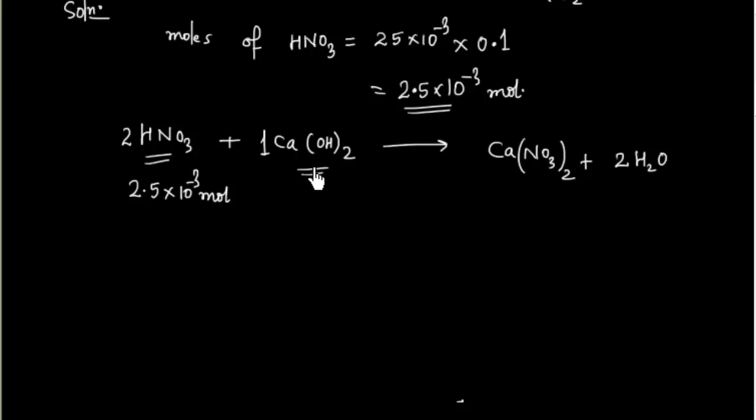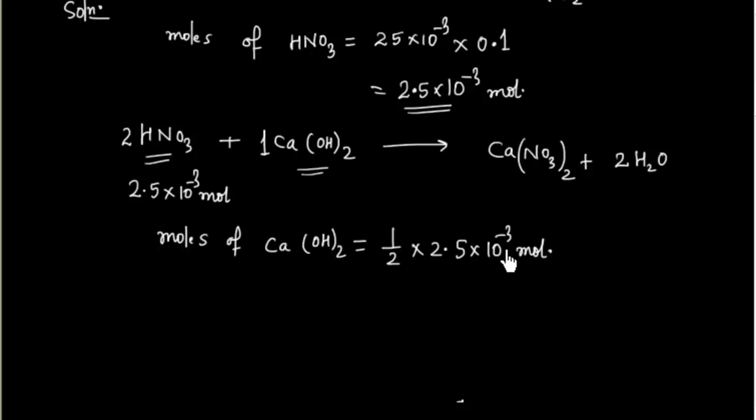So 2 reacts with 1, and 1 will react with 1 by 2. So 2.5 into 10 to the power minus 3 moles of HNO3 will react with 2.5 into 1 by 2 into 10 to the power minus 3 moles of calcium hydroxide.